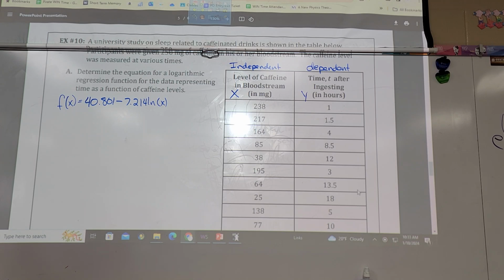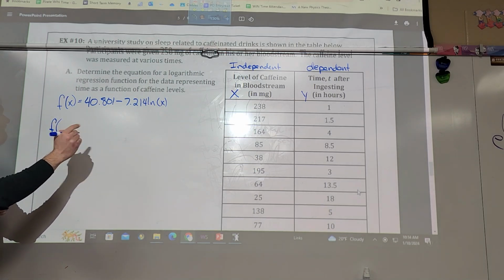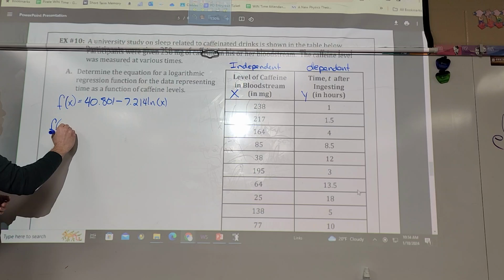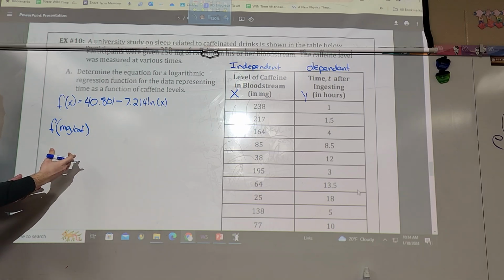If you want to make your life easier, and I say this in stats too, I could actually write this as f of milligrams of caffeine, plugging in words instead of the letter.